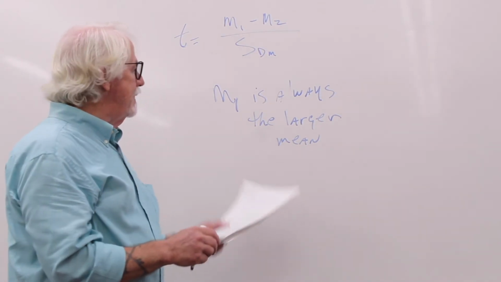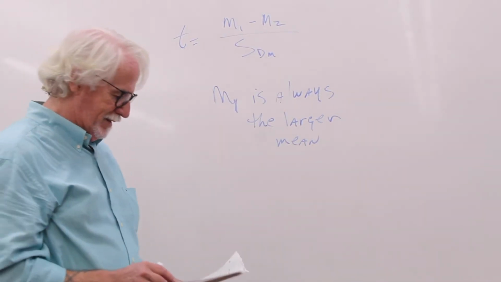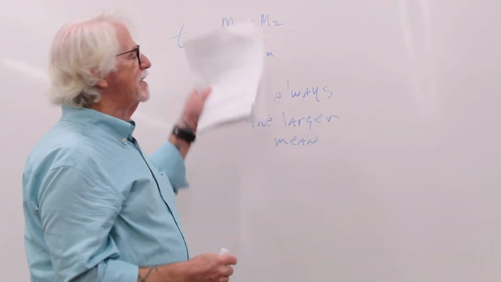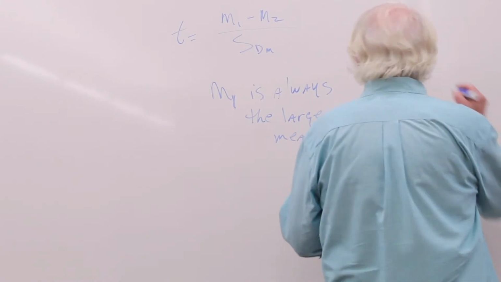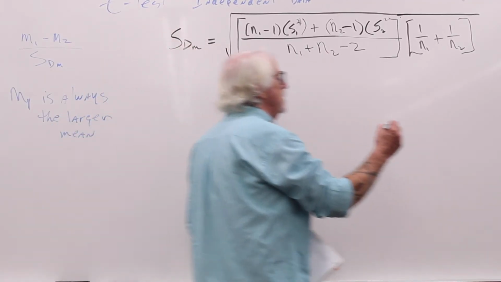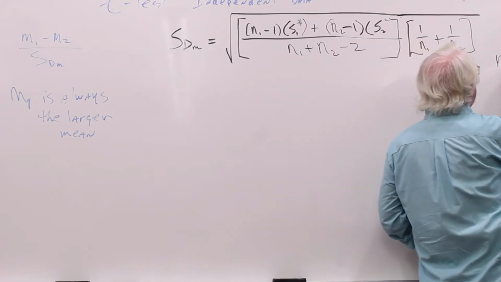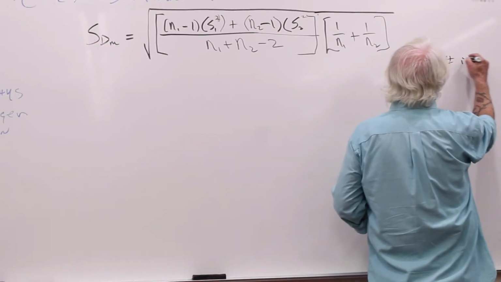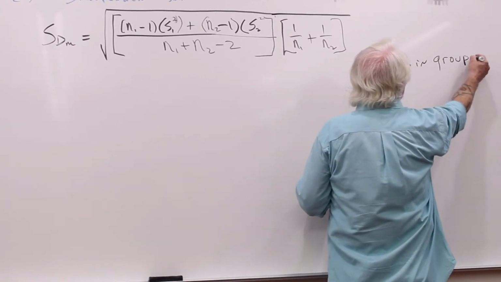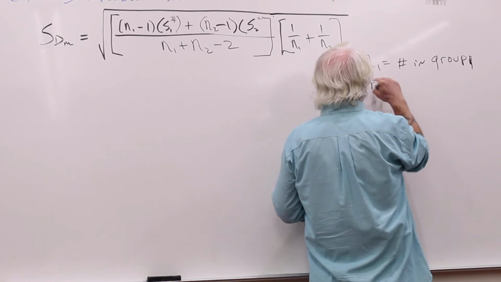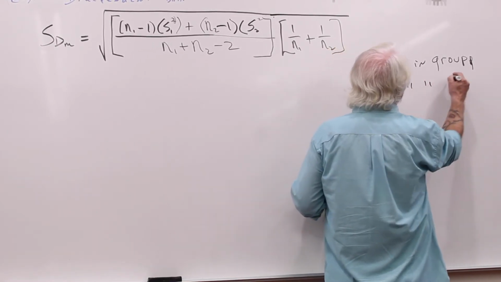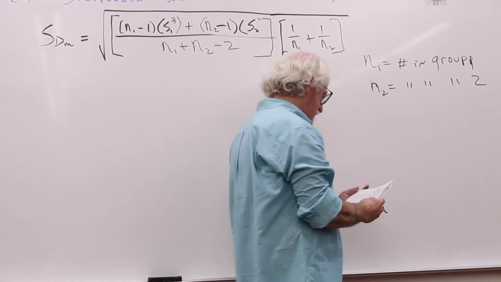So this is, of course, the challenging piece. Life would be no fun if everything was as simple as that. So here we go, right? N1 is number in group 1. N2 is number in group 2.